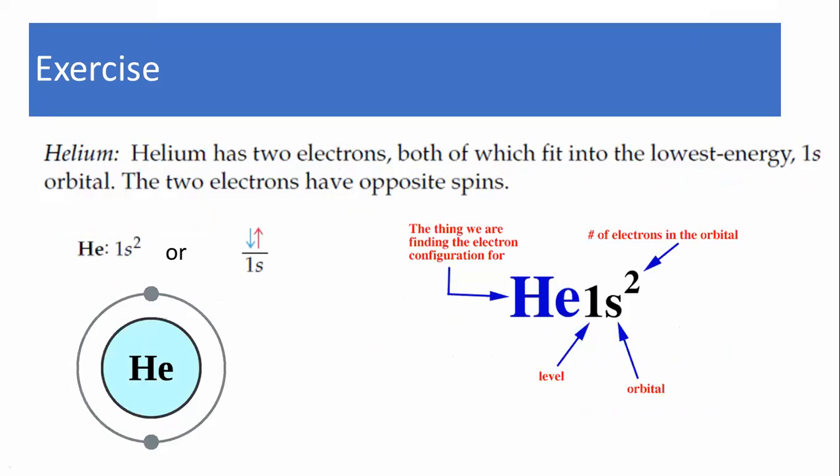So let's move to the second element, which is helium. Helium's atomic number is 2. That means protons are 2 and the number of electrons is 2. So first, this is going to be filled up in the 1s. And I said earlier that the maximum number of electrons in each orbital is 2.